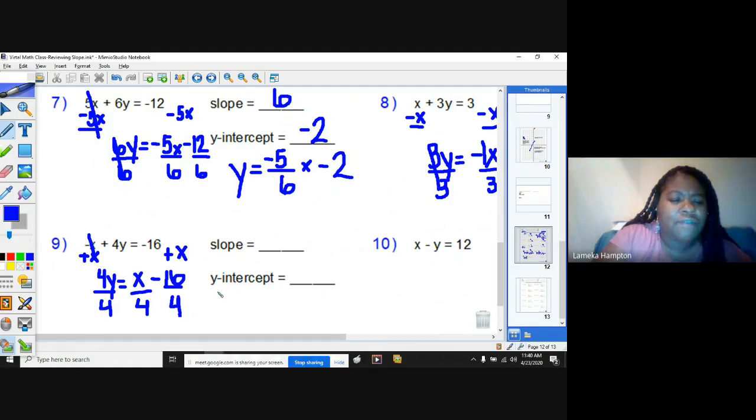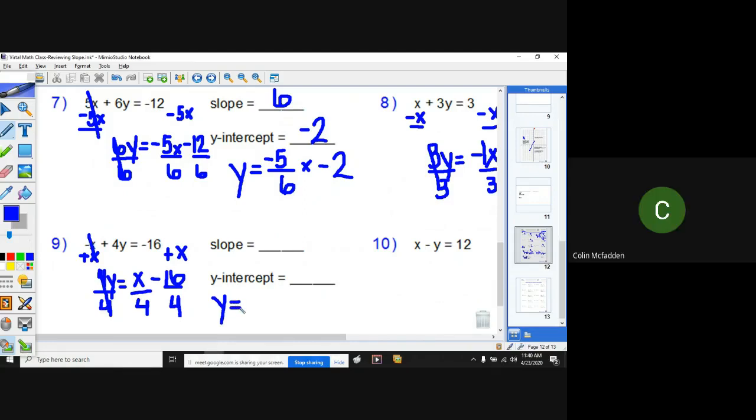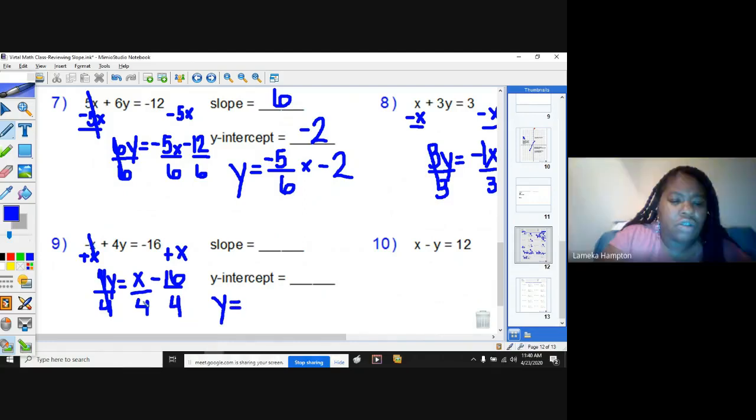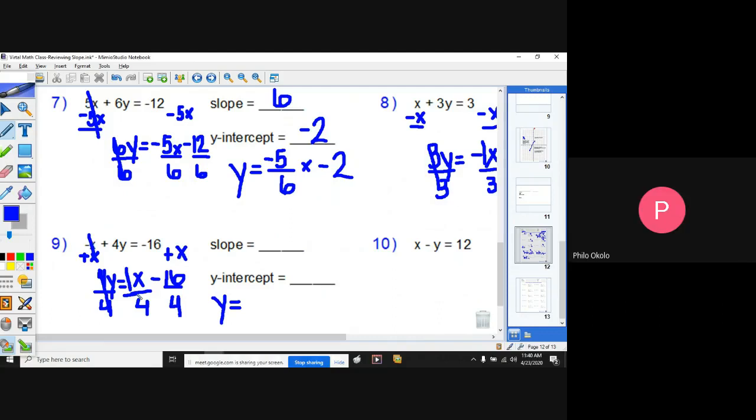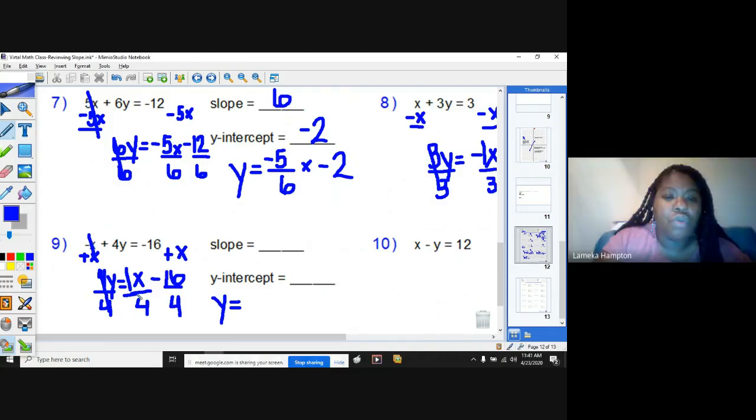All right. So my final answer is going to be what? y is equal to what? Not 1. Remember, you told me that I had to divide everything by 4. Maybe if I put this right here, that would help. x over 4. Well, what is x over 4?